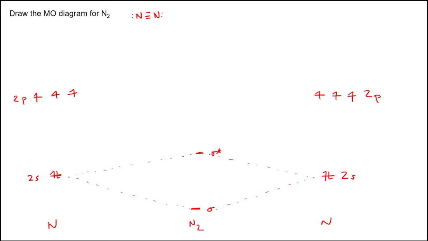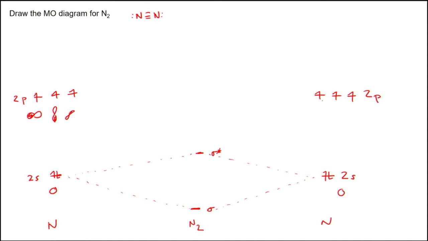Now, for the 2p, there are 3 different combinations that happen. If we draw out what the different orbitals look like, for the 2s, the orbitals are simply the sigma bonding orbitals. So those look like those right there. In the case of the 2p, you're going to have your 2pz, your 2px, and your 2py.